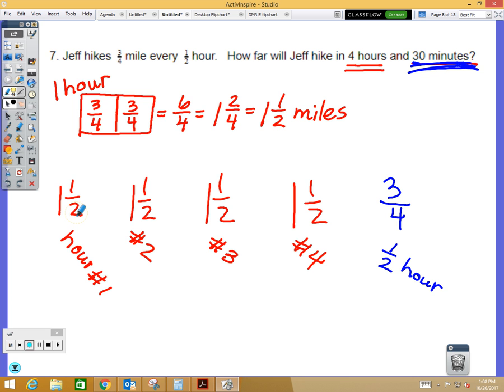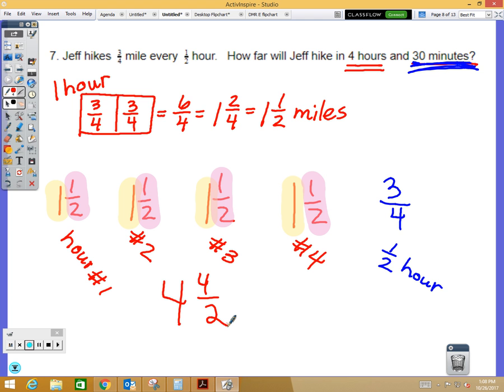Okay. So I think the easiest thing to do when you have mixed numbers is to add your whole numbers. How many whole numbers do we have? 4. And then now let's add our halves. So 1/2, 2 halves, 3 halves, 4 halves. So 4 halves would be 4 over 2, right?